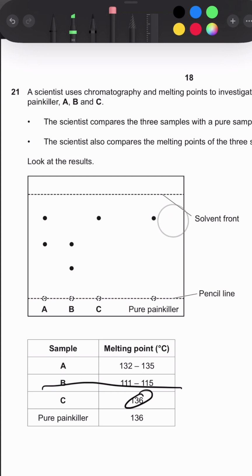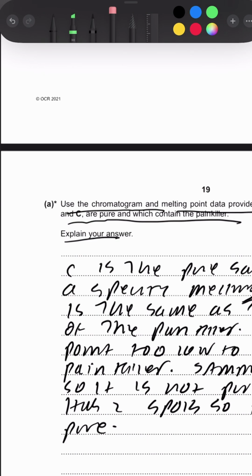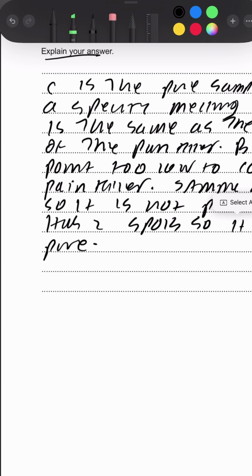B has a melting point too low to contain the painkiller.